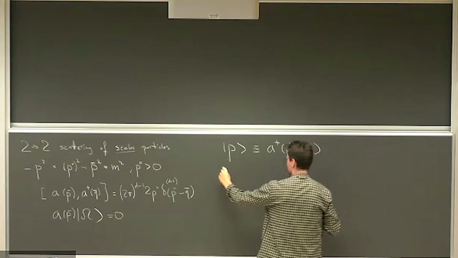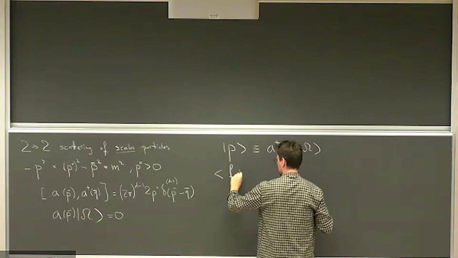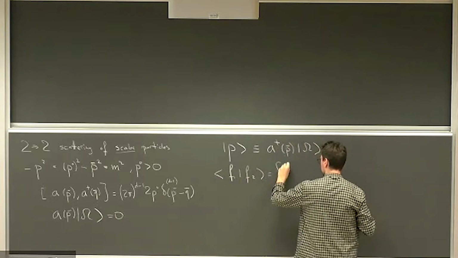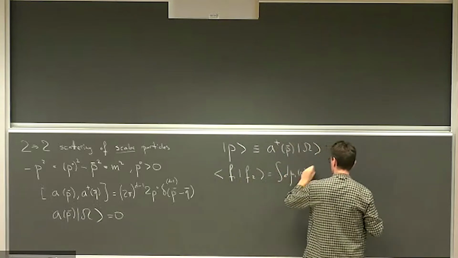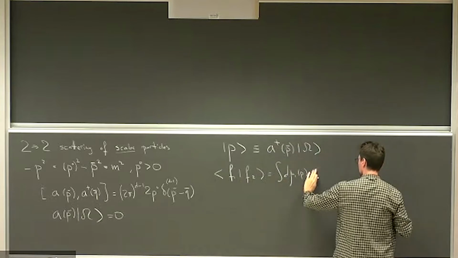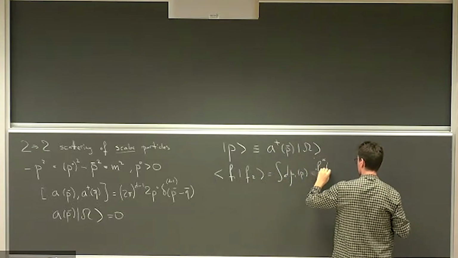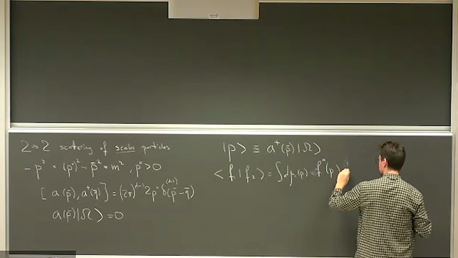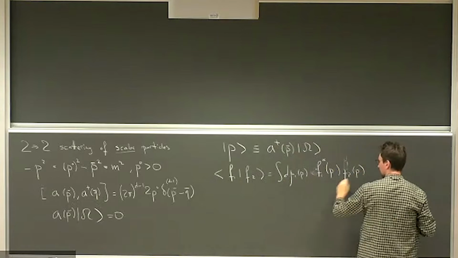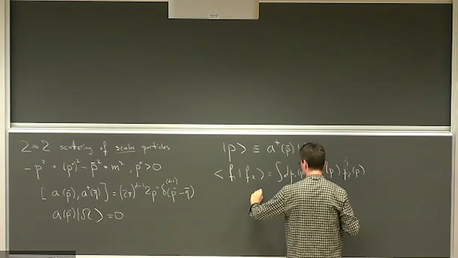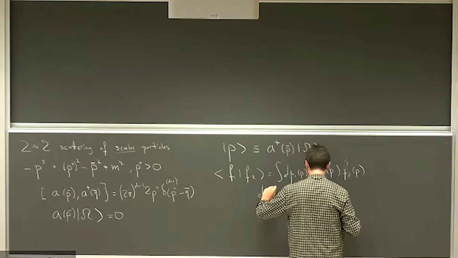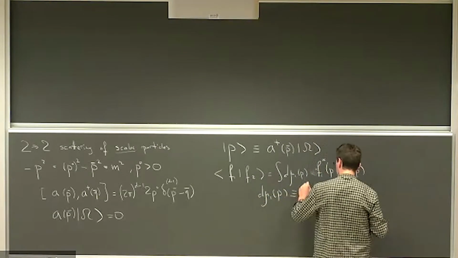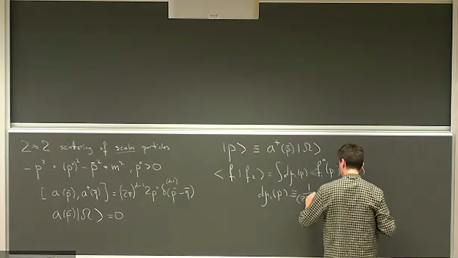The scalar product in this Hilbert space involves the invariant measure, and the subscript one refers to one particle.